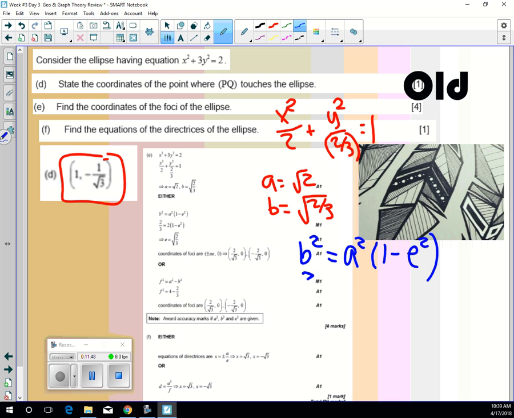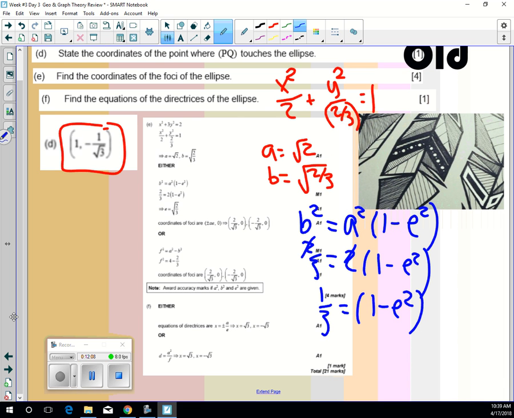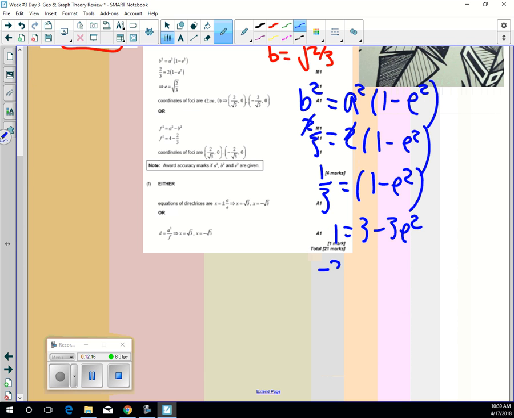So 2/3 equals 2 times (1 minus e squared). So then you're going to get 1 is equal to 3 minus 3e squared. And you'll get negative 2 equals negative 3e squared. I get 2/3 equal to e squared. E is the square root of 2/3.